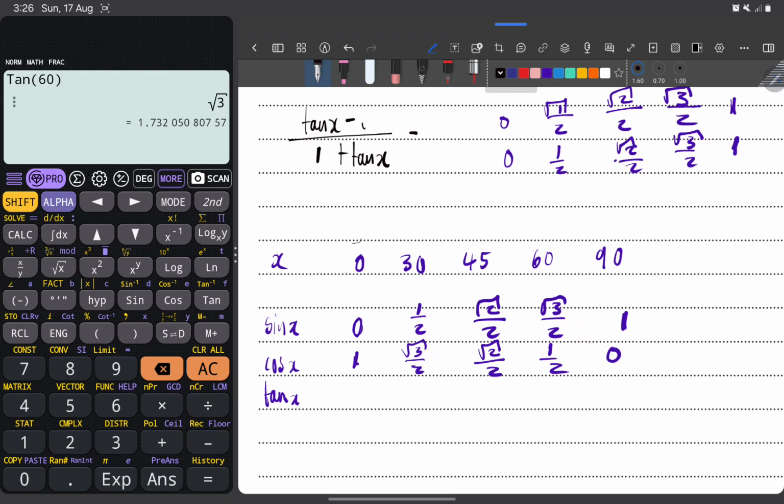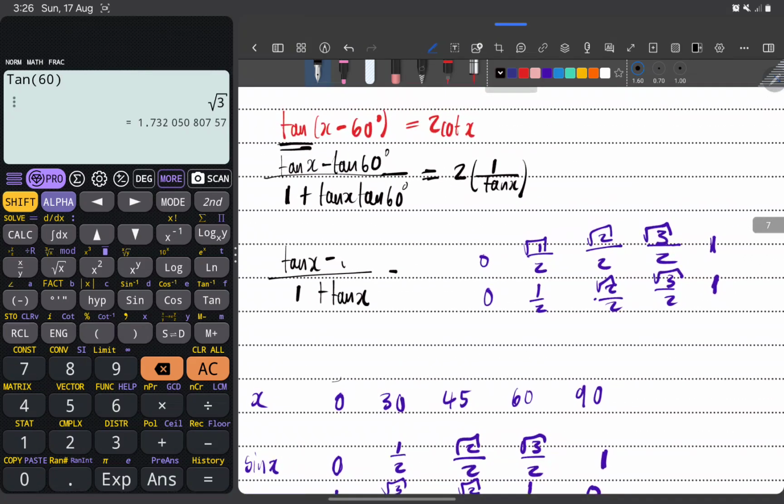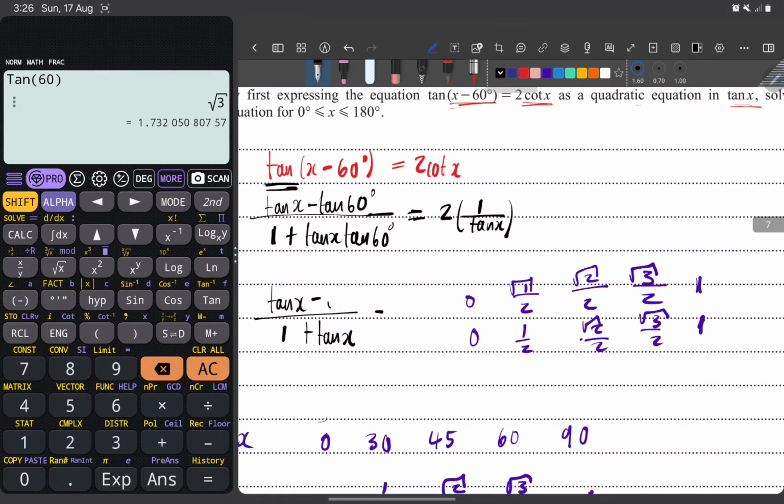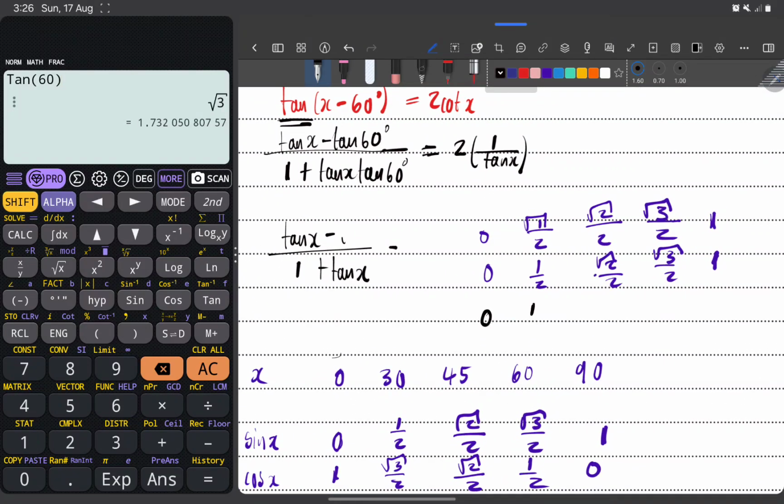Are you seeing them? Then for tan, rather, the exact values are no longer these ones. They are 0, then 1 over 3, the possible ones. What you must know is that the 3's have a root, so it's root 3. Not just a 3, not just a 1 over 3, but 1 over root 3, then root 3, and then 1.